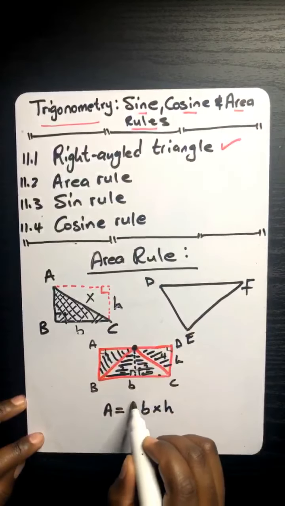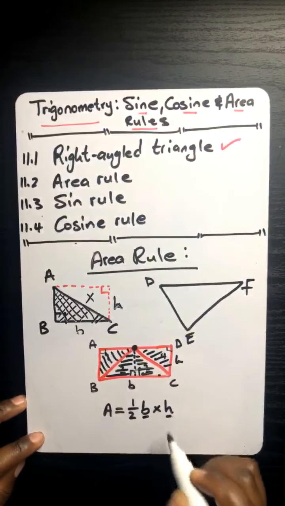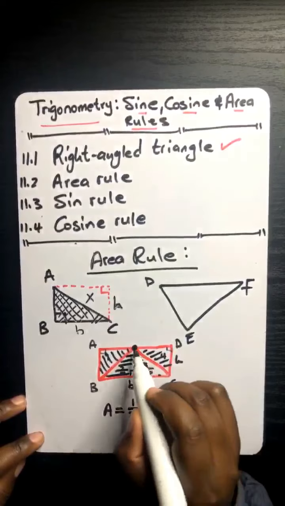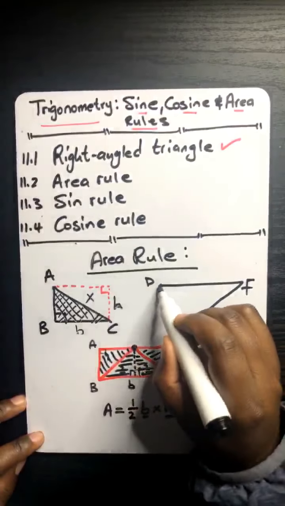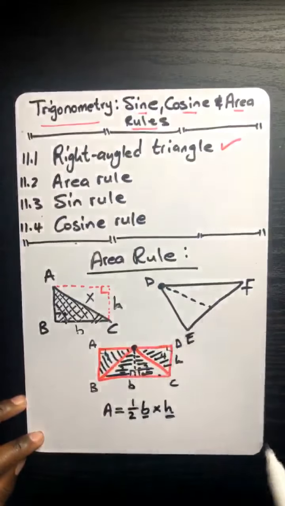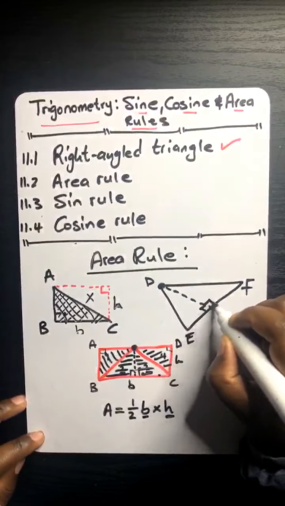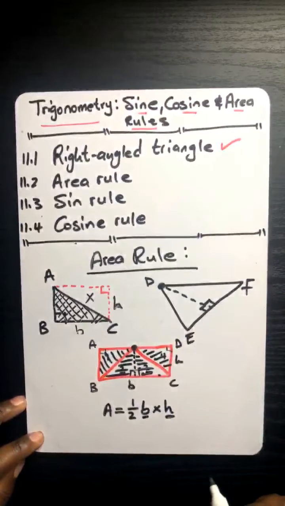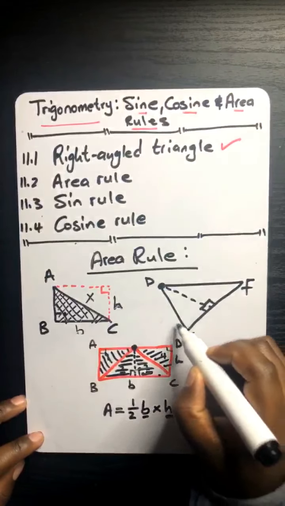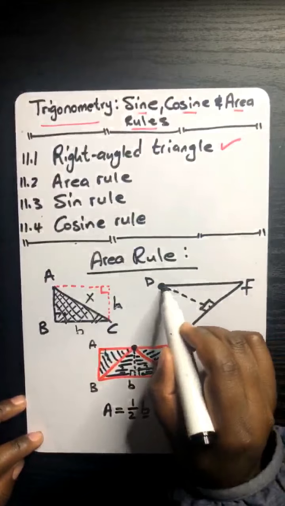the formula for its area is 1 over 2 b times h. The h that we are talking about is that one from the top going down up to there, where you have a 90-degree angle. Don't confuse the h and say maybe the h will be this side, or that side.